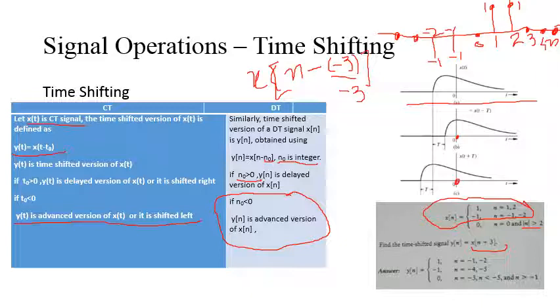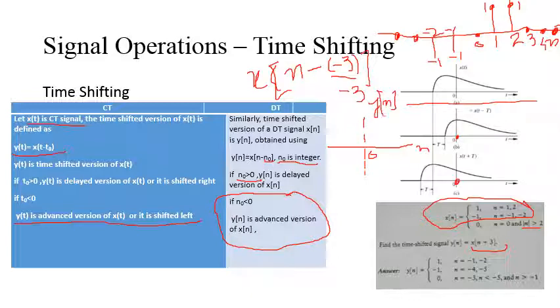y[n] will have values, okay, let me plot it in fact. I hope that is clear to you. So this is the n axis, and this is, for example, the 0 axis. This is your y[n].